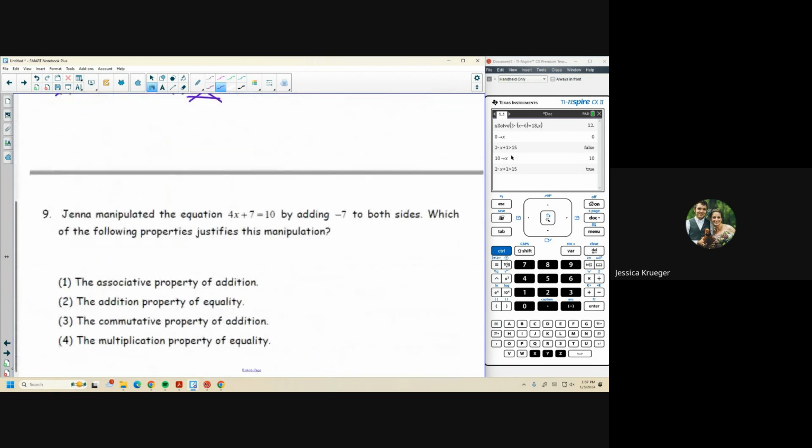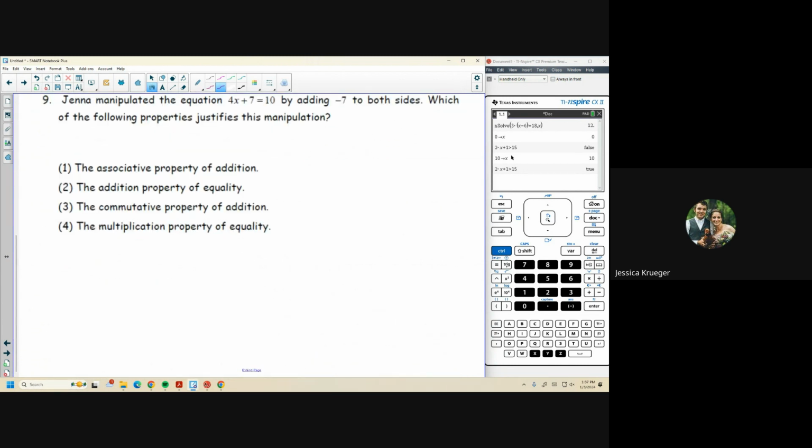Number 9. Jenna manipulated the following equation, 4x plus 7 equals 10, by adding -7 to both sides. Which of the following properties justifies this? Well, associative property, that's a grouping where we change our grouping. So that's not it.